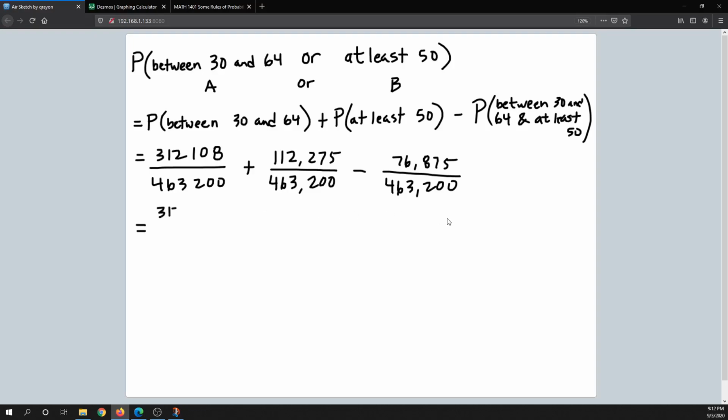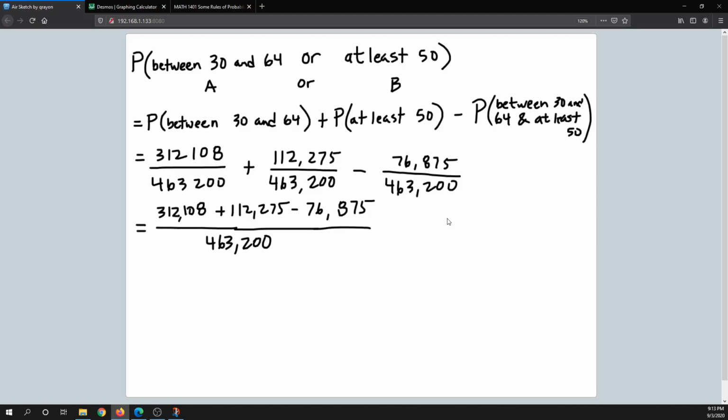So we can combine those fractions, or combine the numerators and keep it over the same denominator, right? So there we go. And we would have on the bottom 4, 6, 3, 2, 0, right?